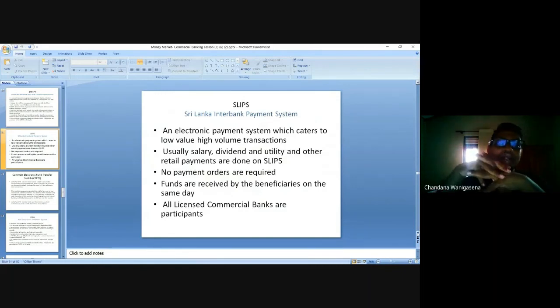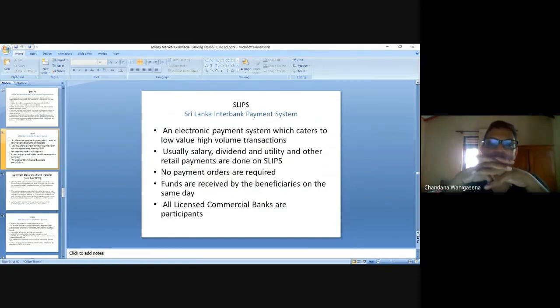SLIPS, the Sri Lanka Interbank Payment System, is used to make payments of less than 5 million rupees. This is not a real-time system. If you want to do small value transactions less than 5 million, could be salaries, dividends or anything of that sort.